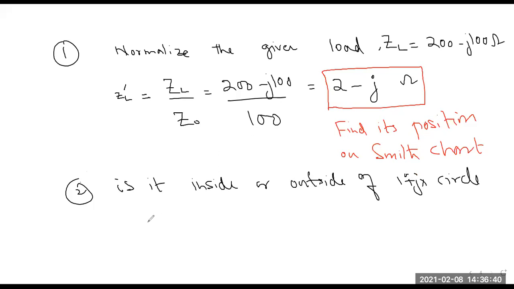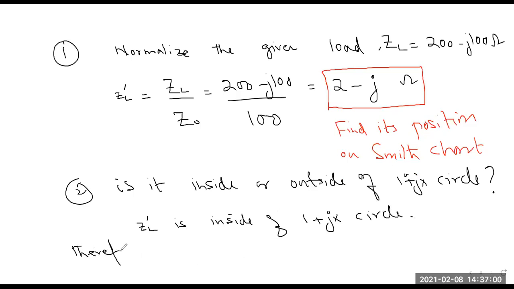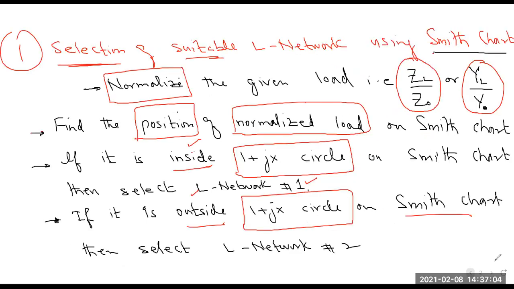Okay, so ZL dash is inside of the 1 plus jx circle. Therefore, कौन सा नेटवर्क हम सेलेक्ट करेंगे?